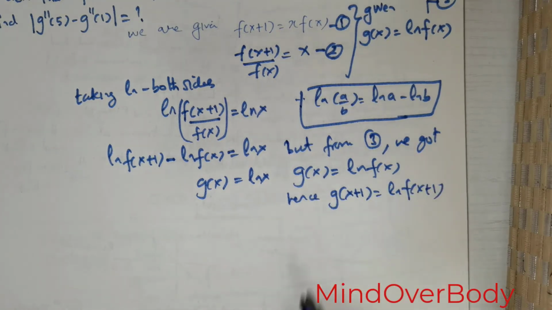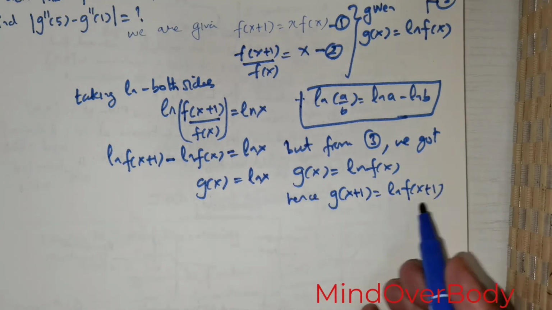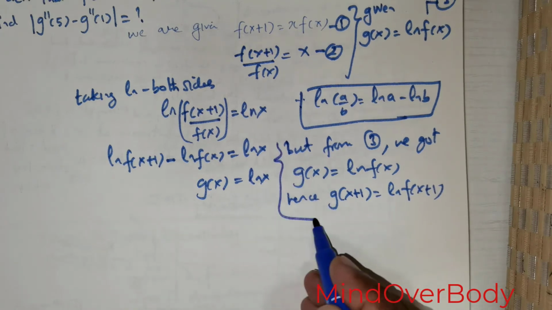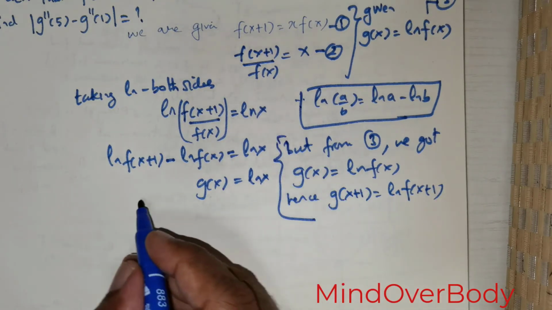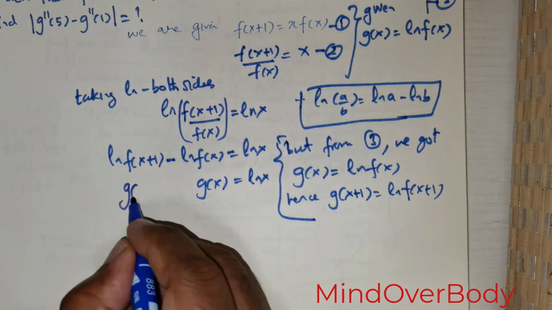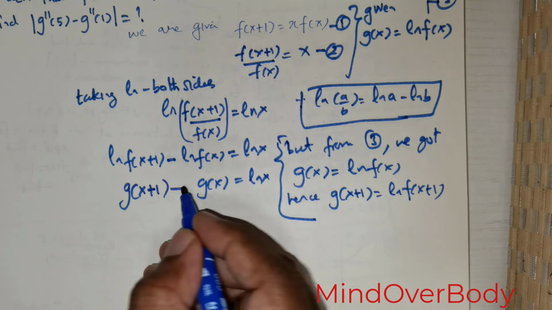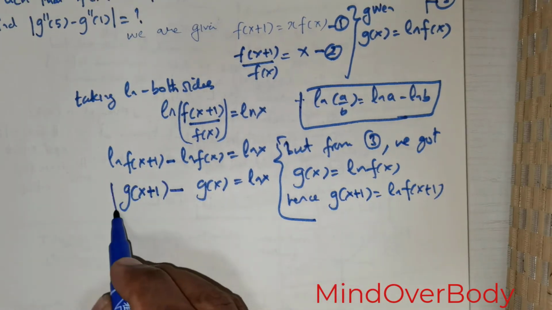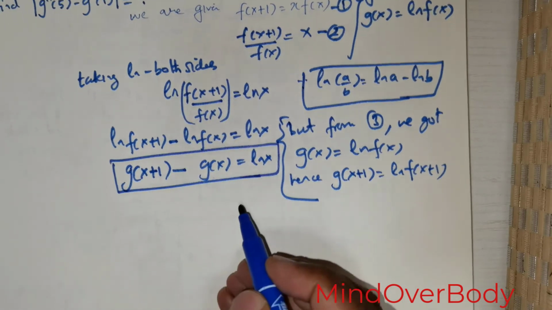You agree with me? I'm just replacing x by x positive 1. All these things for your understanding. So instead of ln of f of x positive 1, I'm going to write it as g of x positive 1 followed by a negative sign. So this is the equation that we will be using.